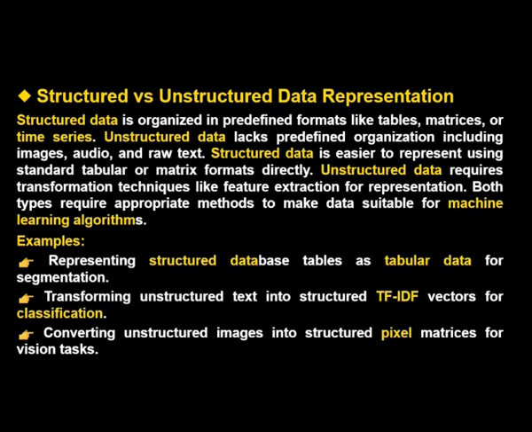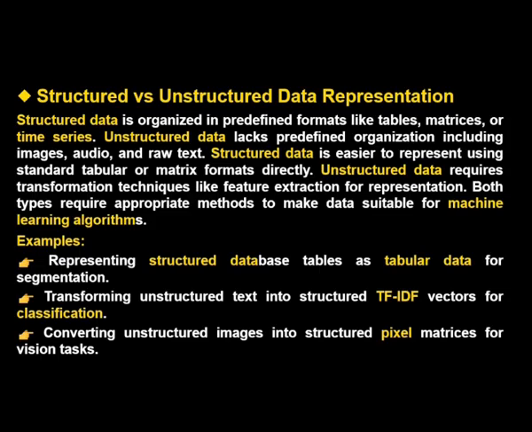And the next one is structured versus unstructured data representation. So as it is very clear, data is categorized into 4 types: structured data, unstructured data, semi-structured data, and metadata. The structured data follows a fixed format such as tables or time series.